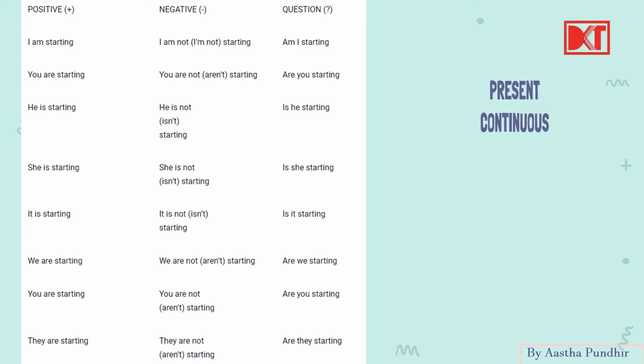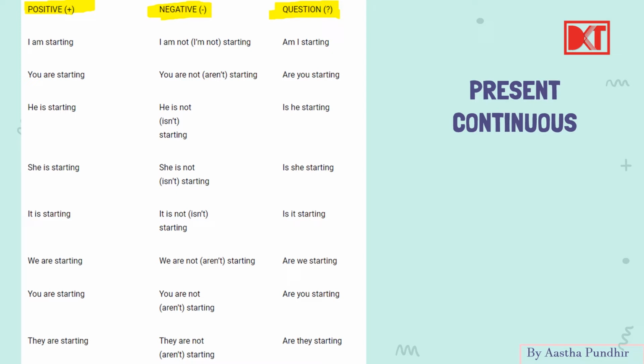So now we have present continuous. So let's see how are we going to do present continuous now. Here, positive sentences, negative sentences and questions. Alright.